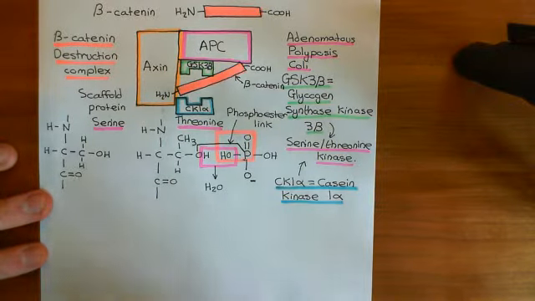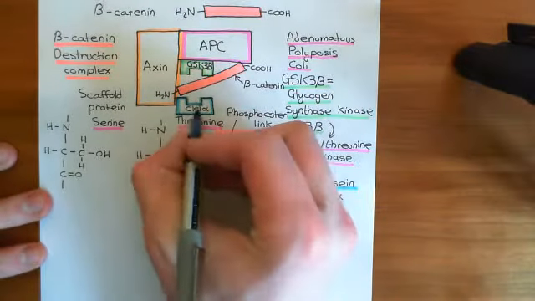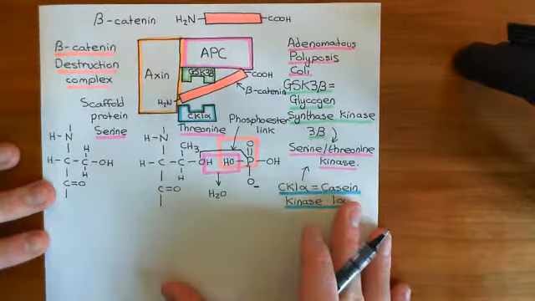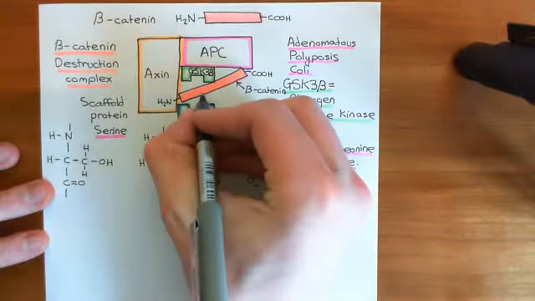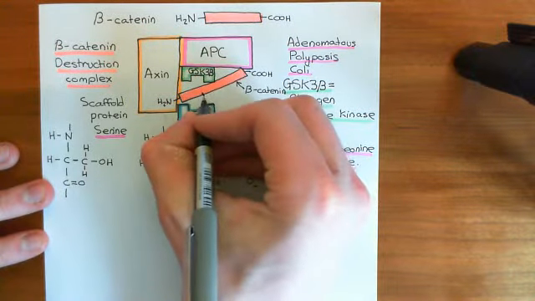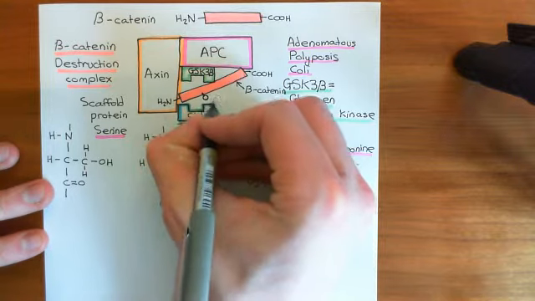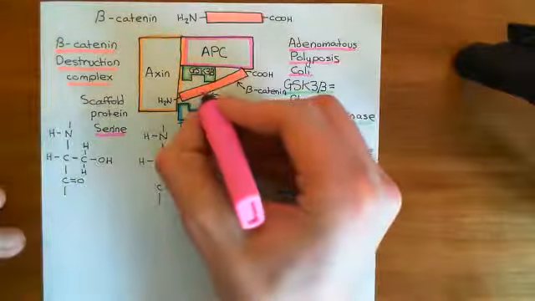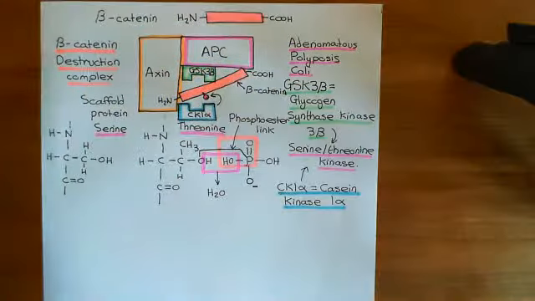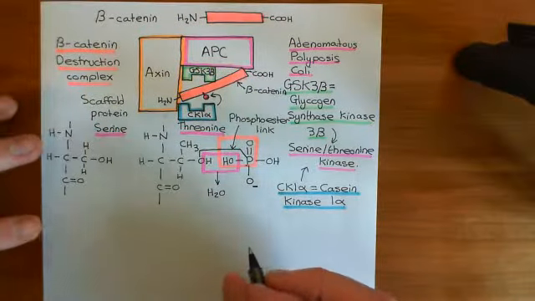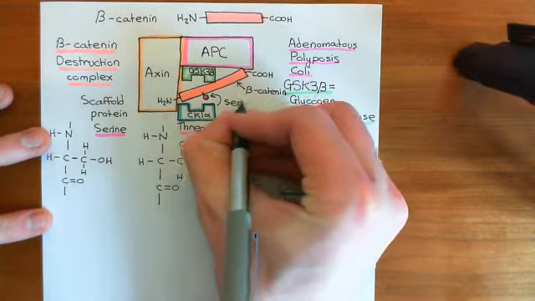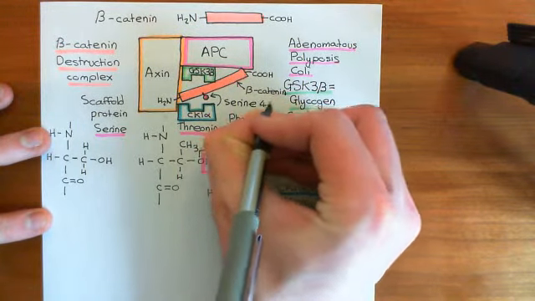What's now going to happen is casein kinase 1-alpha is going to begin the phosphorylation of the beta-catenin. The first phosphorylation is going to be undertaken by casein kinase 1-alpha. It is going to phosphorylate a serine residue within the beta-catenin molecule. Specifically, it's going to phosphorylate serine 45.